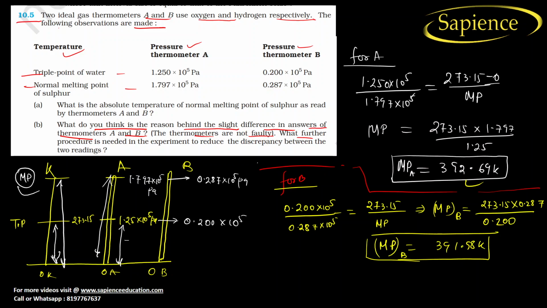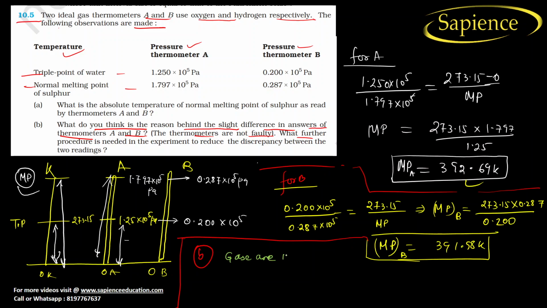First of all, the most important thing in this case, for part B of the question, is that the gases are not ideal gases.